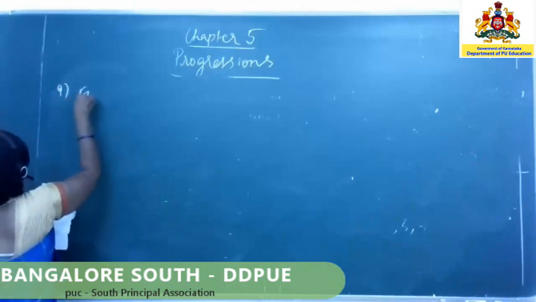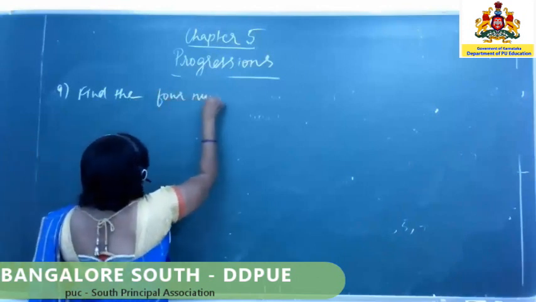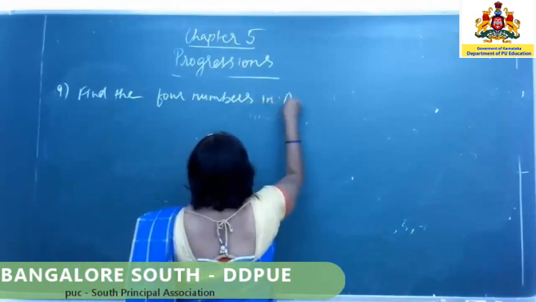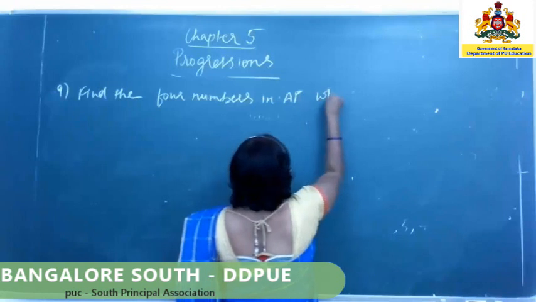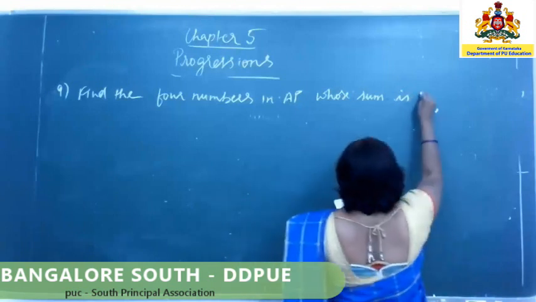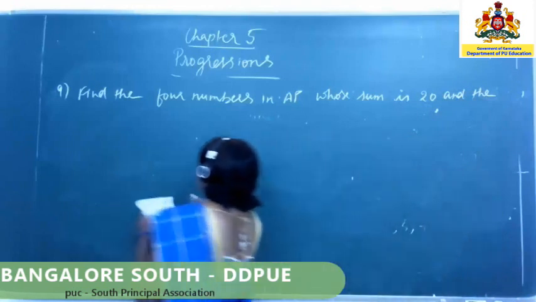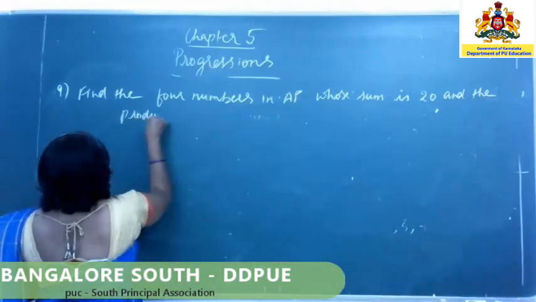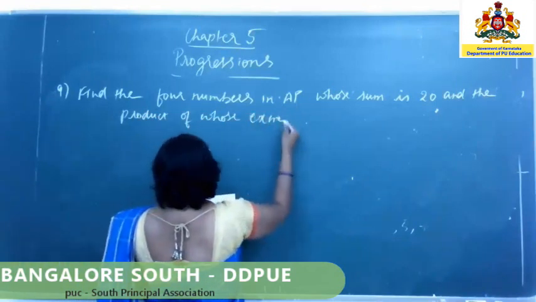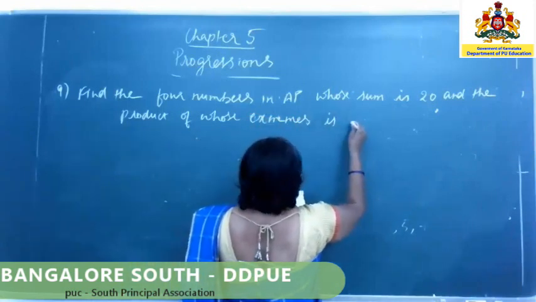Next question: find the four numbers in AP whose sum is 20 and the product of whose extremes is 16.